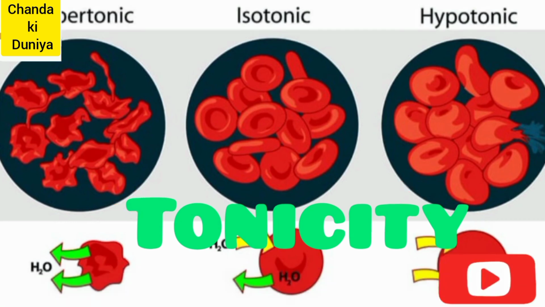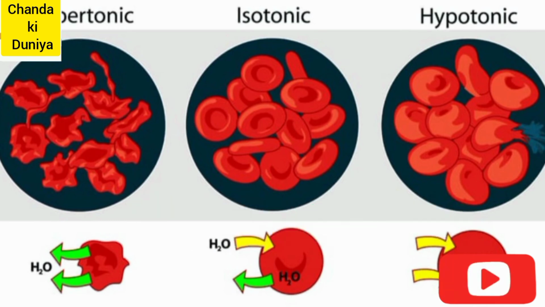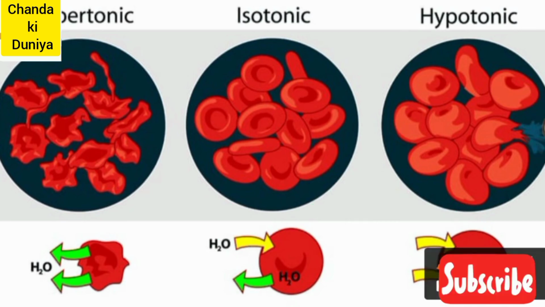Now what is meant by isotonic, hypertonic and hypotonic? Isotonic means the amount of solute and the solvent are in the same ratio inside and outside the cells.